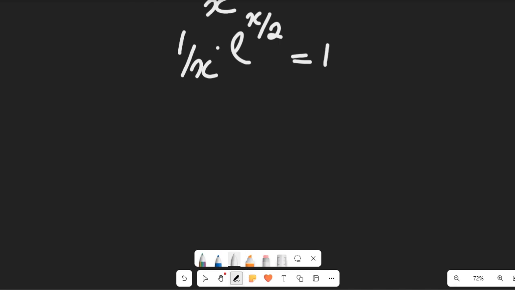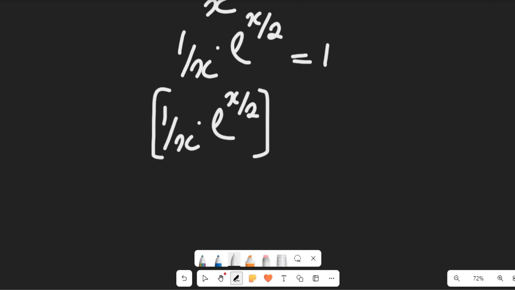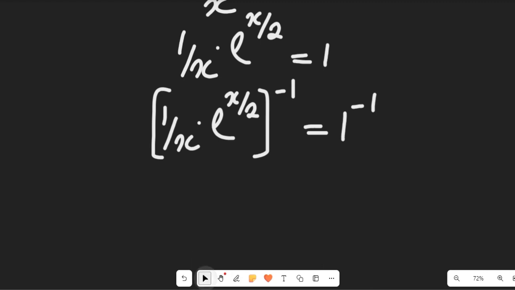So the left side will give me 1 divided by x multiplying x to the power of x divided by 2, all of this to the power of -1, while the right hand side will be 1 to the power of -1. 1 to the power of -1 is going to give me 1 divided by 1, and as such it will still be equal to 1.